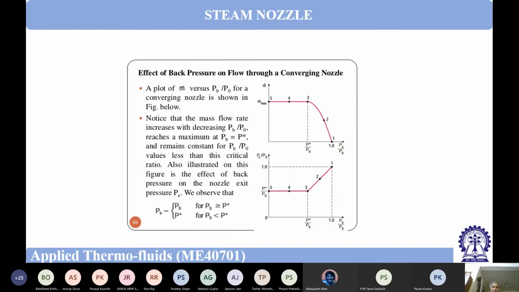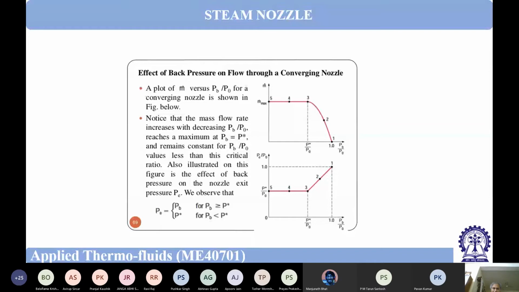Now you see, any disturbance we create in a compressible media travels with the velocity of sound, the local velocity of sound. That means, suppose there is a nozzle and through the nozzle there is a flow, and I have created a disturbance by changing the valve position.